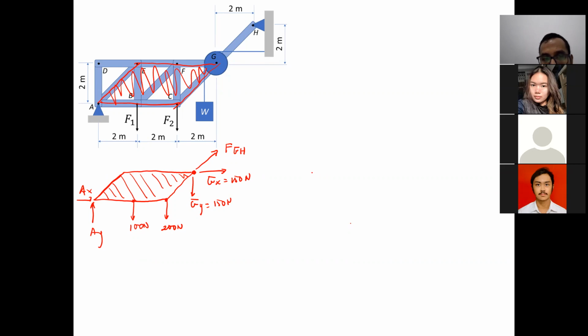Maybe just use the moment. Sigma moment at A, correct. That's the way to remove AX and AY from the equation. So sigma moment at A equal to 0. By doing so, we will be able to find FGH.